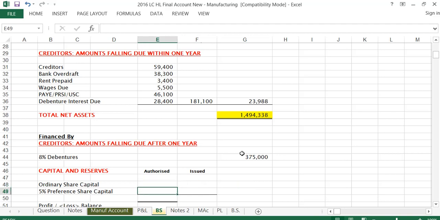Our capital and reserves. So we've authorised and issued share capital. So the authorised share capital, from the very top of the question, we can see is 600,000 and the issued share capital is 500,000.